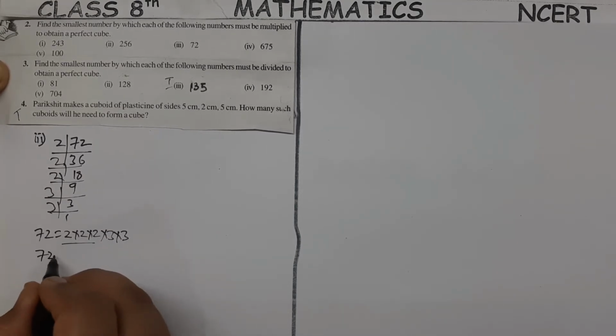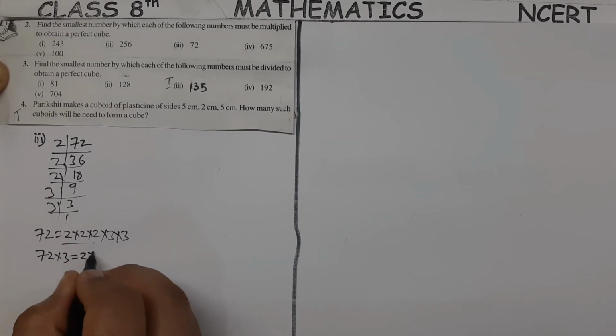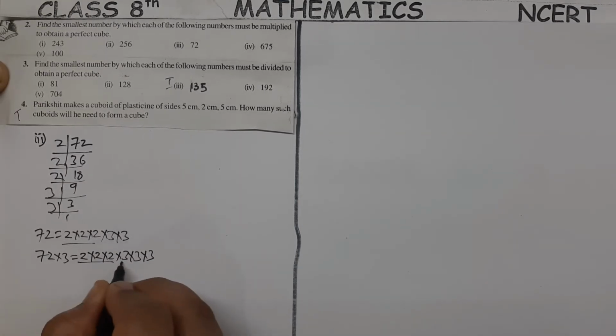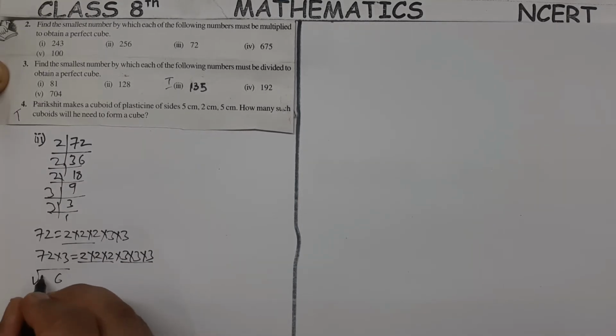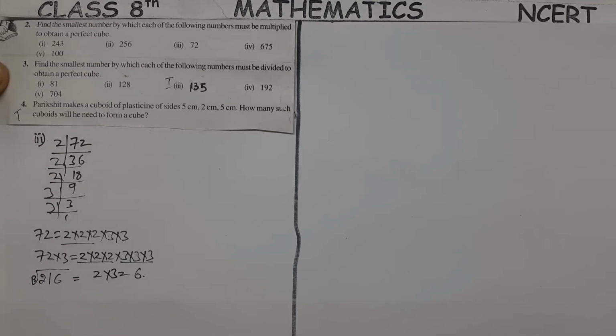That's why multiply both sides by 3. Cube root of 216 is 6. The smallest number by which we have to multiply is 3, and the cube root of 216 is 6. Answer.